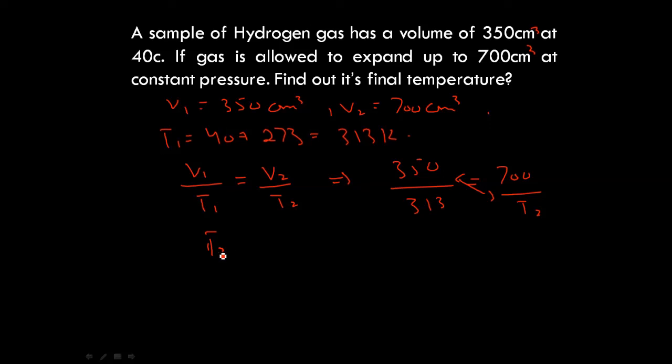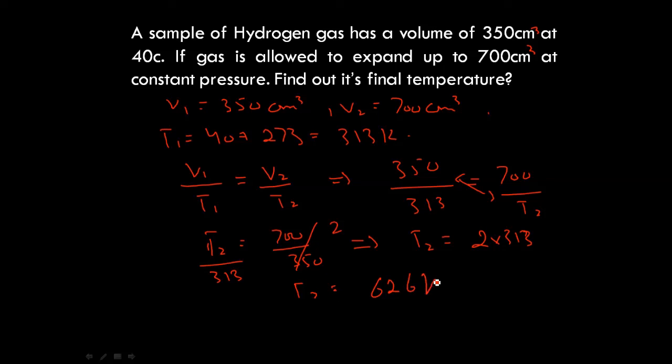So T2 equals 700 divided by 350, times 313, which implies this is 2. So T2 equals 2 times 313, and this will be T2 equals 626 Kelvin. Now this is the final temperature of the problem.